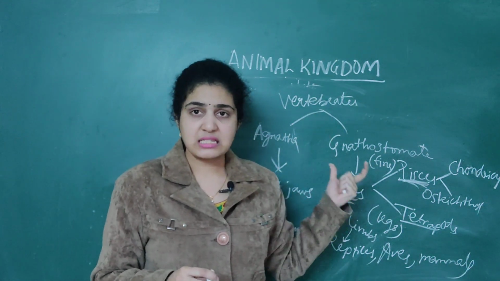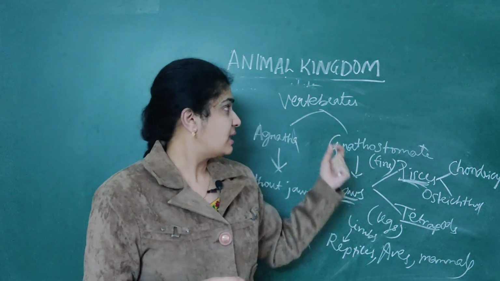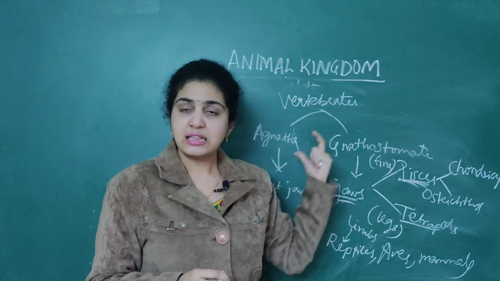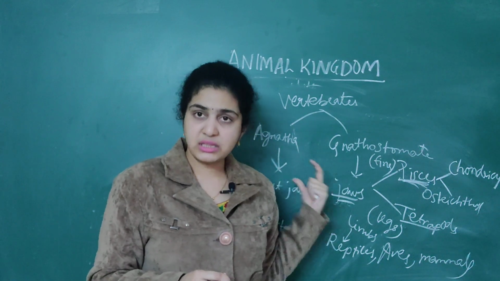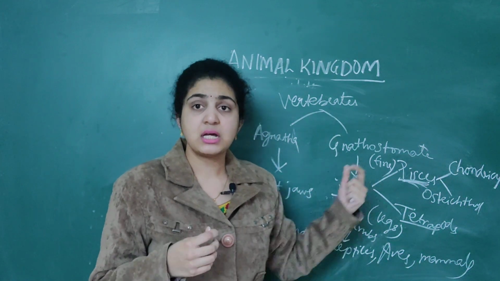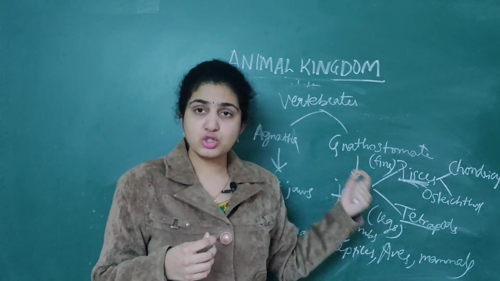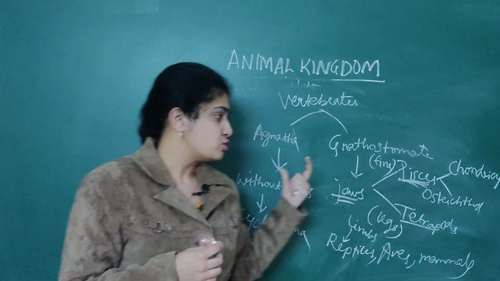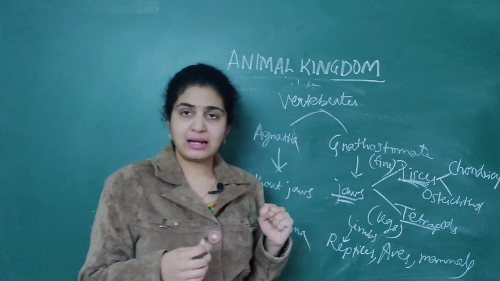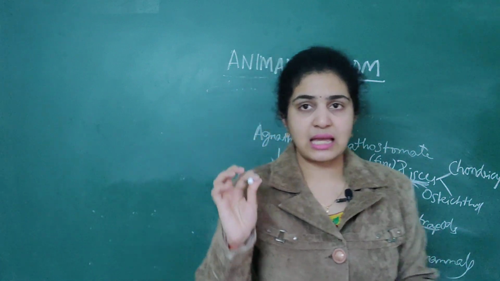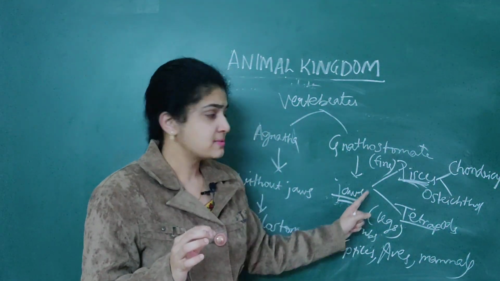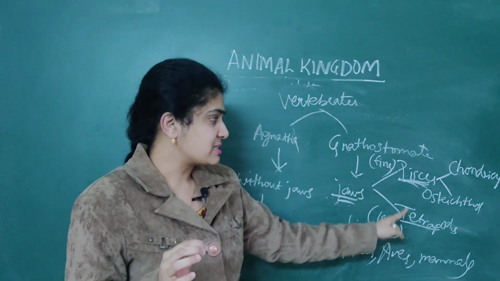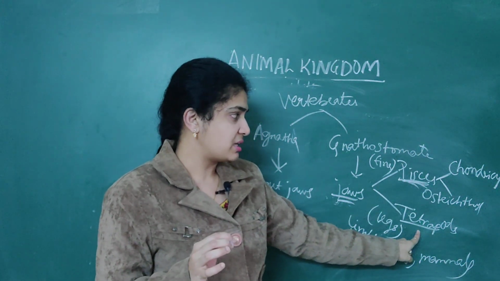Under vertebrates, again they are classified as Agnatha and Gnathostomata. Agnatha means without jaws; jaws are absent. In Gnathostomata, jaws are present. Agnatha has only one class, that is Cyclostomata. Gnathostomata is again classified into Pisces as well as tetrapods.